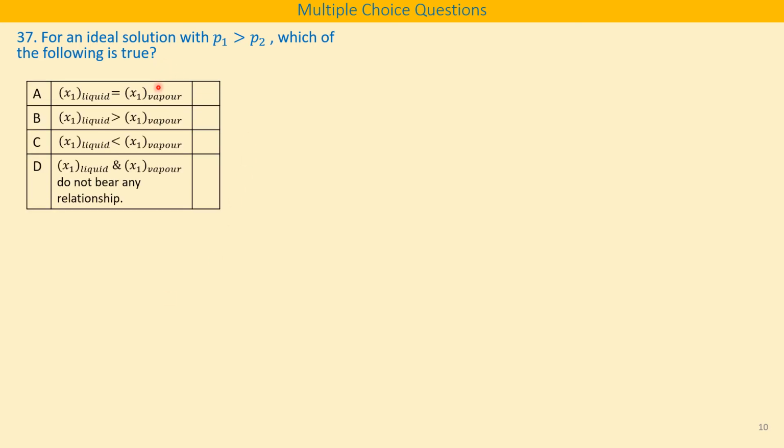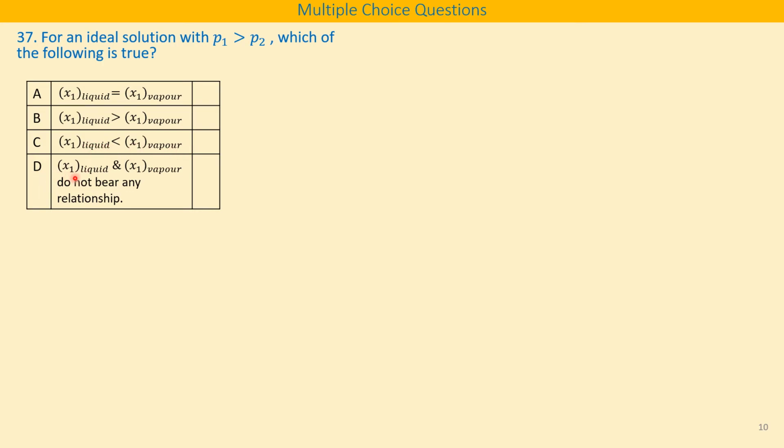Now we will answer some of the selected multiple choice questions. For an ideal solution with P1 greater than P2, which of the following is true? Four options are given. Option A is X1 in liquid equals X1 in vapor. Option B is X1 in liquid state greater than X1 in vapor state. Option C, X1 in liquid state less than X1 in vapor state.